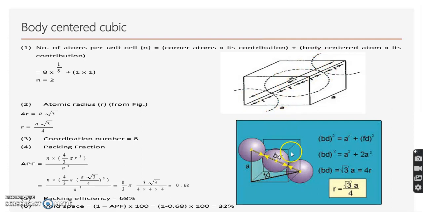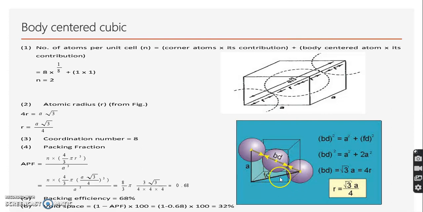When we take another view of this three-dimensional figure, we can see that by Pythagoras theorem, this body diagonal BD should be equal to a square plus FD square. So BD square is equal to a square plus FD square, but FD square is also a square and a square.